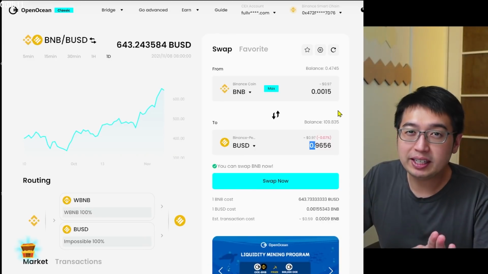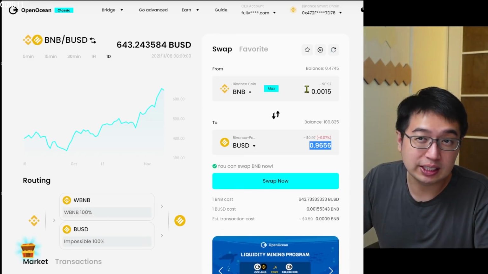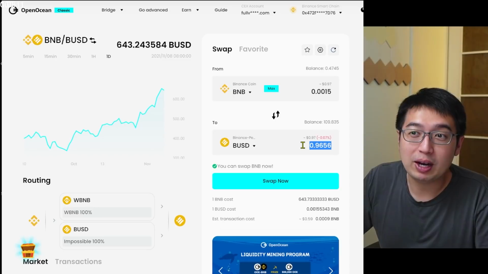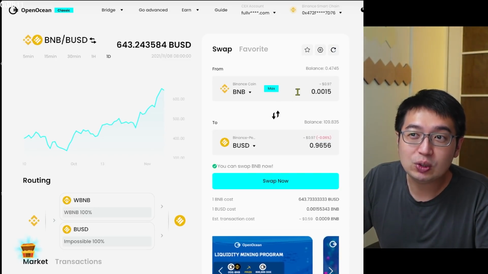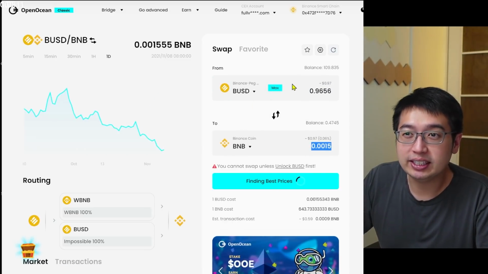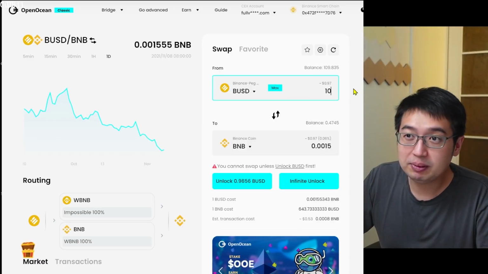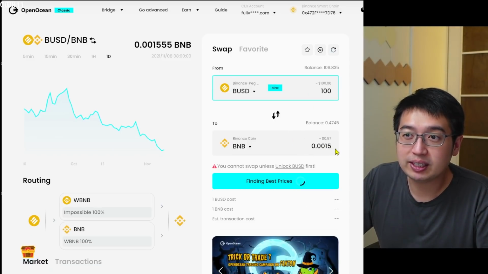And one of the limitations that I did notice on OpenOcean is you can't type in any values in the second box. If I wanted to buy $100 of BUSD, to calculate that, I have to type that number in the box up here. So I'd have to switch and make sure BUSD is in the top box. I'd have to type in 100 and I'd wait to make sure this number gets updated.